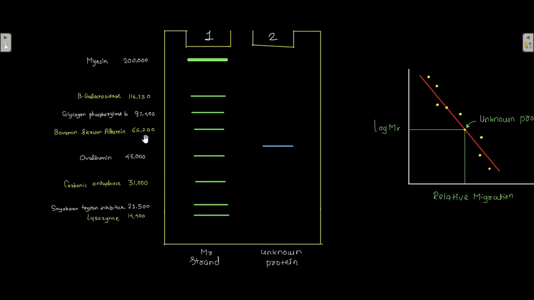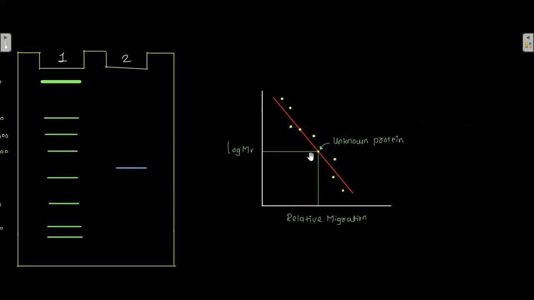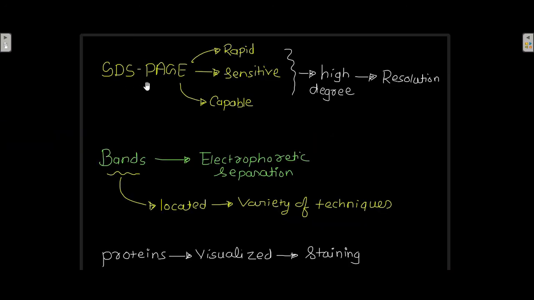Okay, the molecular weight of this unknown protein lies in between these, and this is that straight line that we talked about, between the log of molecular weight of the proteins and their distance traveled during migration. So this SDS-PAGE is rapid, it is sensitive, and it is capable of giving you a high degree of resolution.